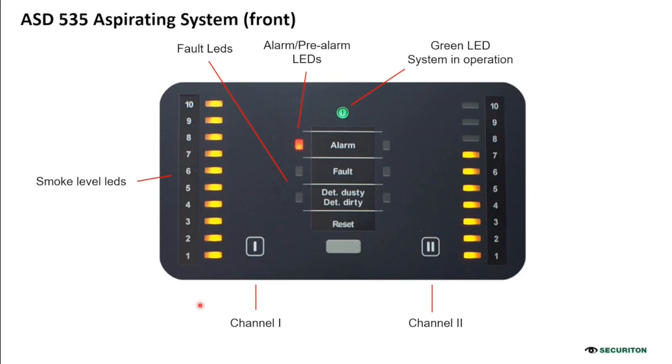Optionally, we can also have small smoke level LEDs that indicate the presence of smoke in the detector, for channel 1 and for channel 2. So the green LED system in operation, alarm and fault are compulsory. They are present in every ASD detector, and we will see that these LEDs have to be tested, so they have to work properly.